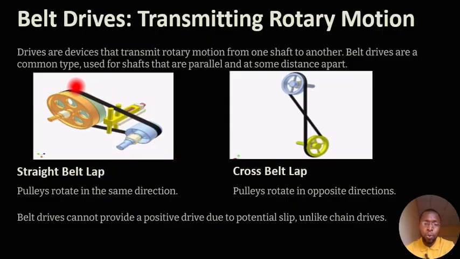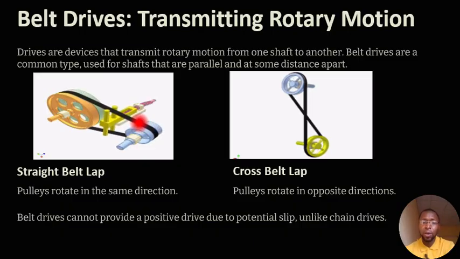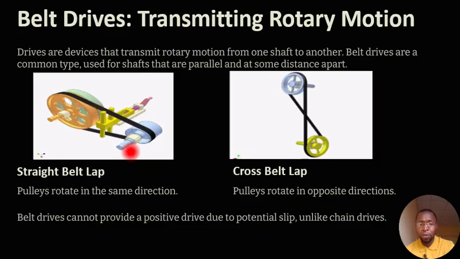Now the belt is pulled around the two shafts and it helps in transferring motion from the bigger shaft to the smaller shaft. So this helps in reducing friction instead of direct contact between the two shafts. The belt's presence helps in reducing friction. So this type of belt drive is called the straight belt lap.